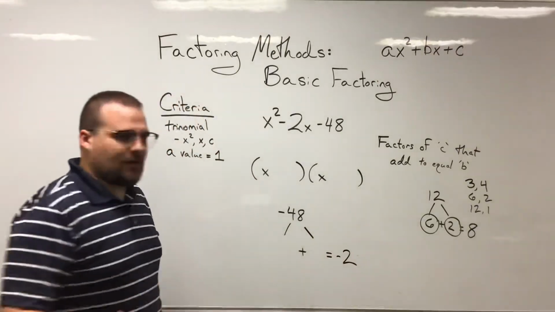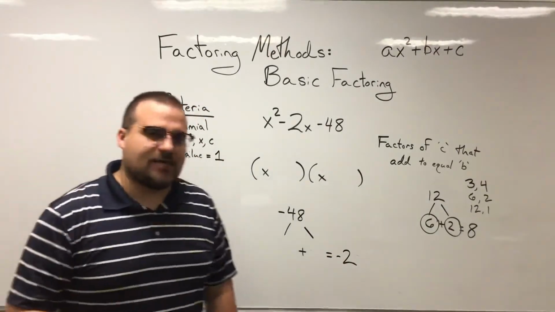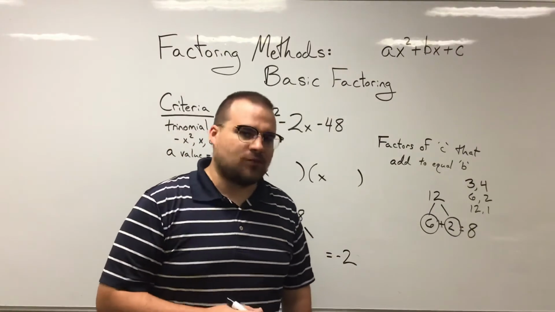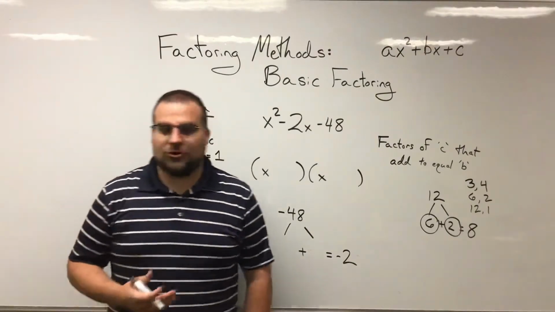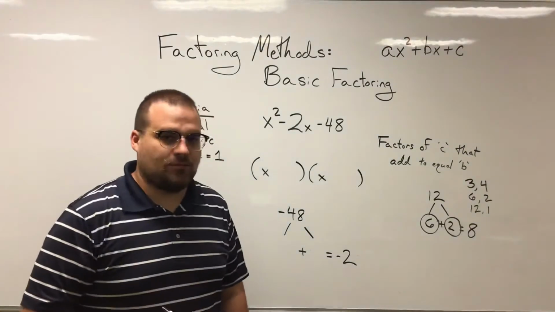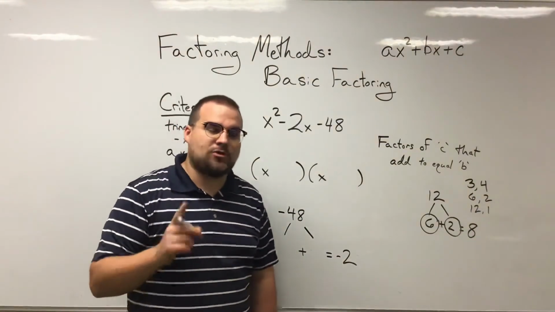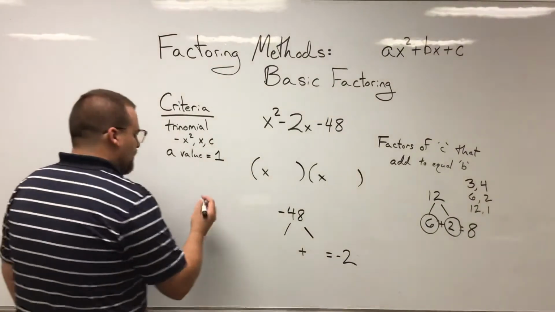So let's think about this. If we know we need factors of negative 48, what are those factors going to look like? You may be thinking of numbers right now, 24 and 2, that kind of thing. But it's a negative 48. So one of those factors has to be negative. Exactly. Well, let's go ahead and list out those factors.